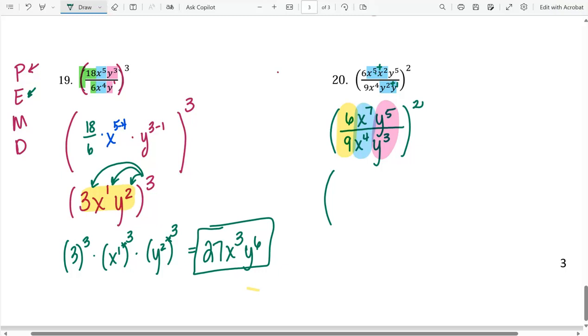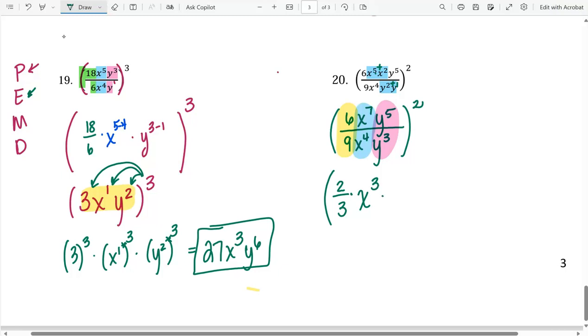6 and 9 do not divide nicely, but I could reduce them by 3, giving me 2/3, times x to the 7th divided by x to the 4th. I write the x one time and subtract. 7 minus 4 is 3.